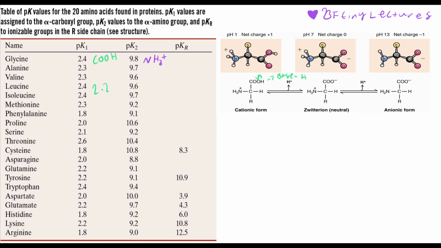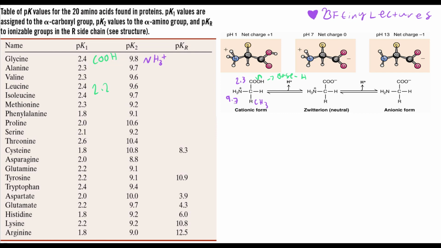So remember that on the table right here, let's just use alanine, for example. Just use that as an example, okay? So let's say that this is alanine. So we have a CH3 right there. And this pK value is going to be 2.3, okay? And the amine group is going to be 9.7, okay?